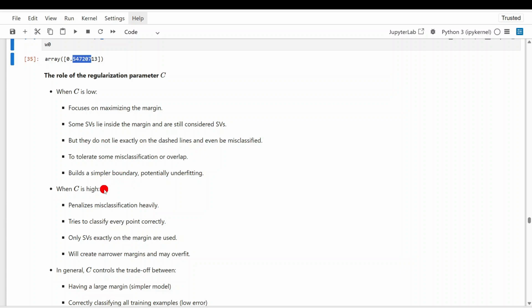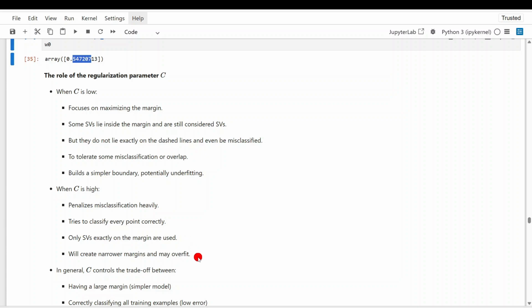On the other hand, if the regularization parameter C is high, then it penalizes misclassification heavily. The model tries to classify every point correctly, and only the support vectors exactly on the margin are going to be used. But if C is extremely high, it will create a very narrow margin and the model may tend to overfit.